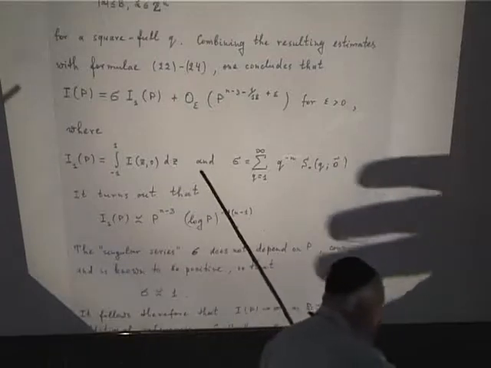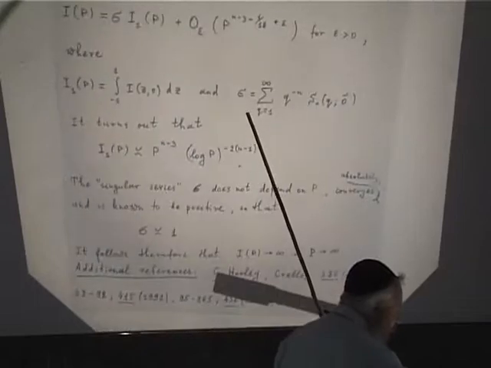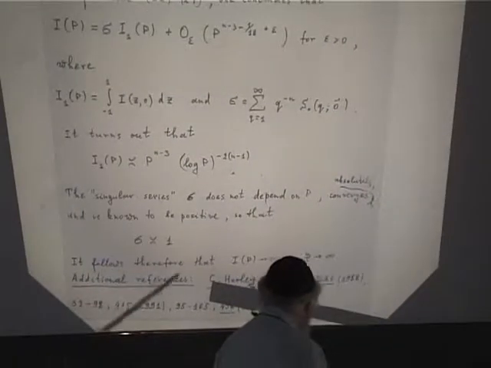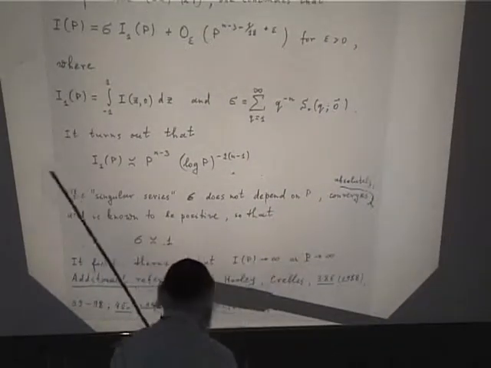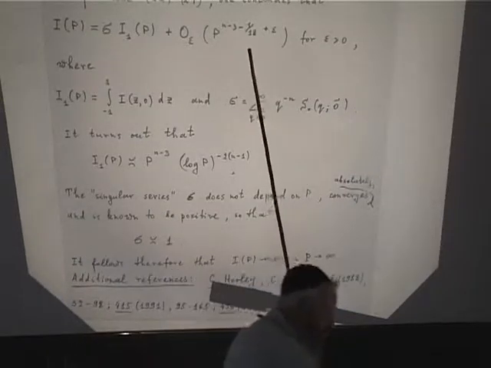And for the integral, one can just estimate it, and it's of the right order of magnitude, and then sigma is just of order 1, bounded from above and below by some absolute constant, and therefore one obtains the result as p goes to infinity.